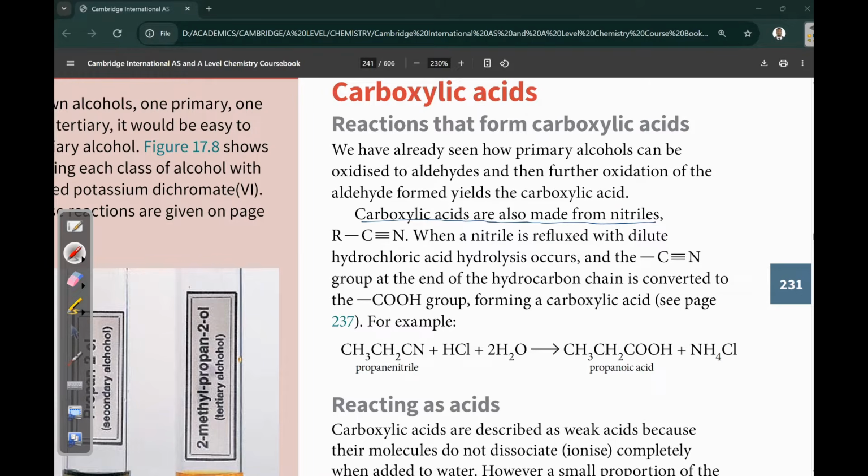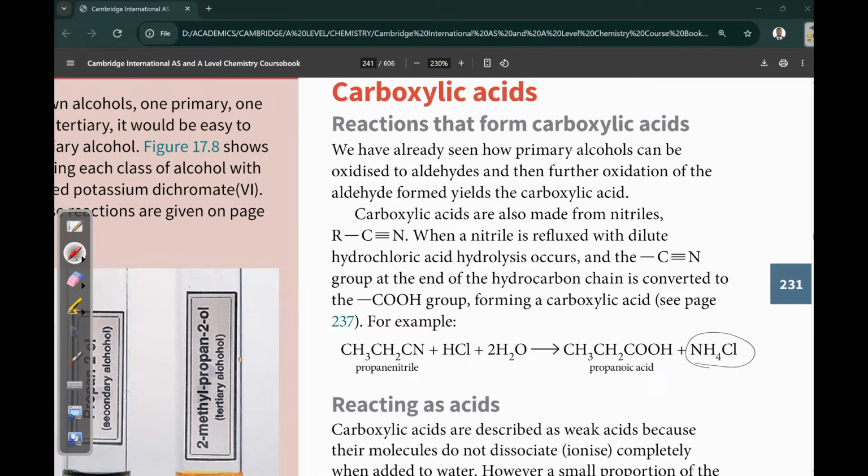When a nitrile is refluxed with dilute hydrochloric acid, that is acid hydrolysis. Hydrolysis occurs, and the group at the end of the hydrocarbon chain is converted to COOH, forming a carboxylic acid. And then the salt here, ammonium chloride. They can ask you about this, and it is called an inorganic salt that is formed there.